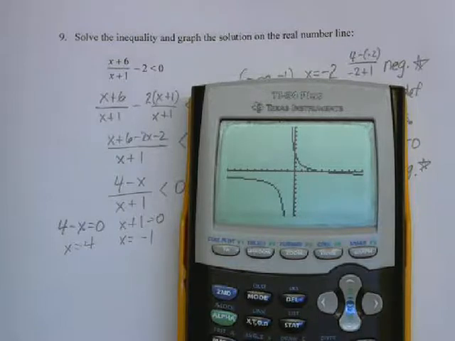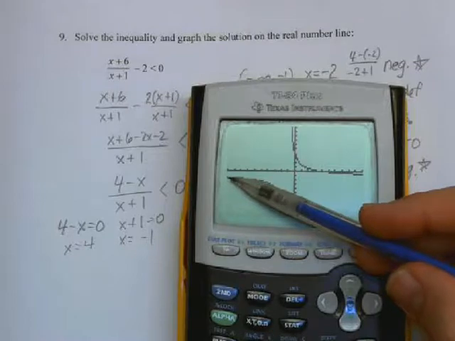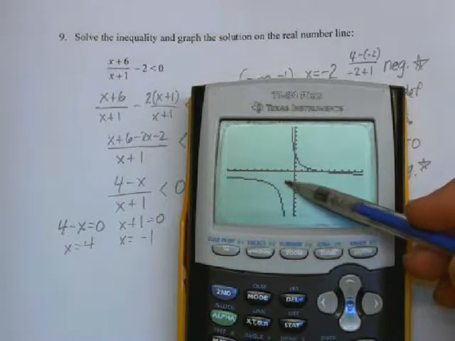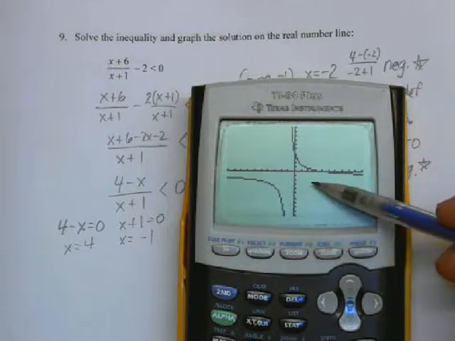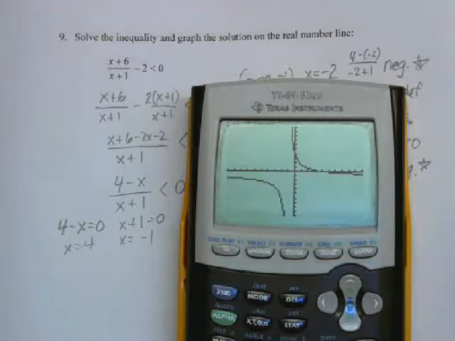Does our answer match our graph? Well, we see that it looks like it's negative, below the x-axis, all the way to about negative 1. And then here, it's negative again, and 4 seems like a reasonable boundary. So this graph is a good check for our solution.